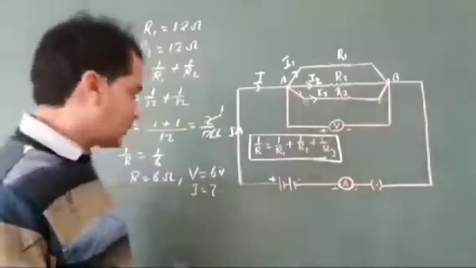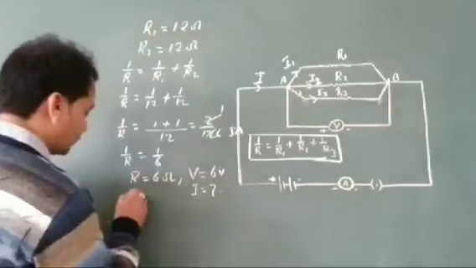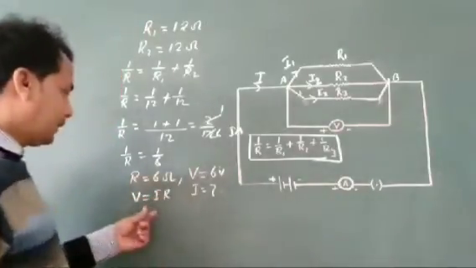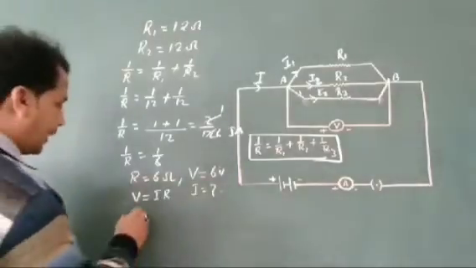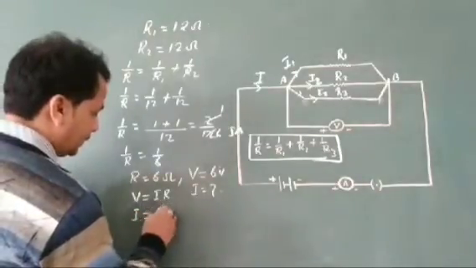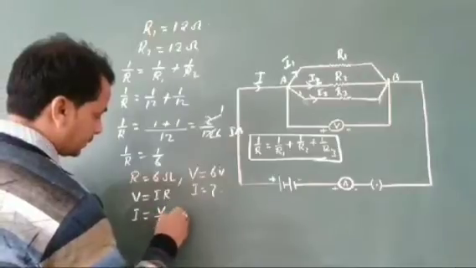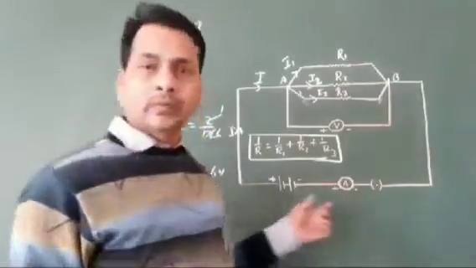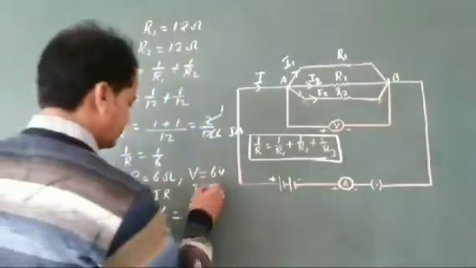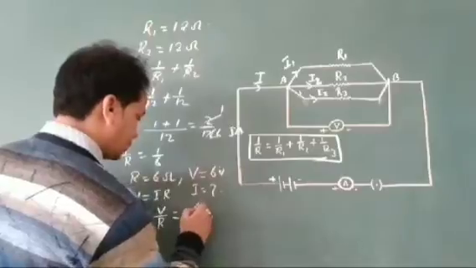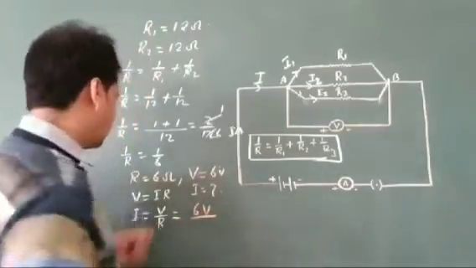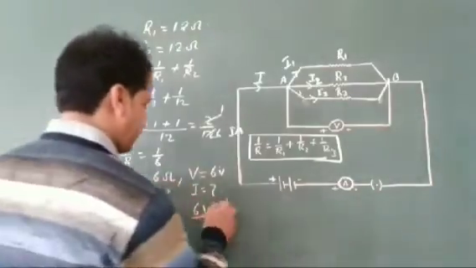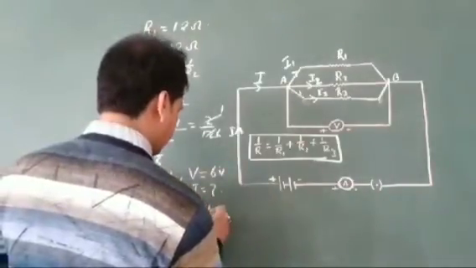According to Ohm's law, V = IR, so the electric current I = V/R. The potential difference is 6 volt and the resistance is 6 ohm.